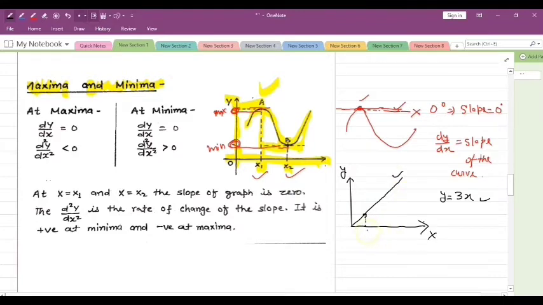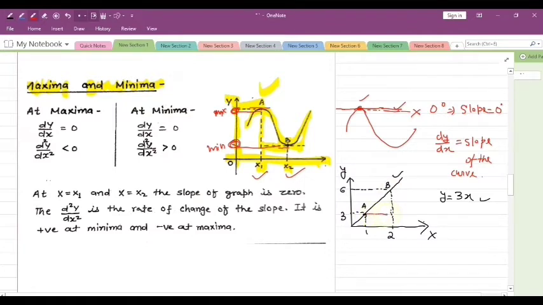At x equal to 1, your y will be 3, and at x equal to 2, your y will be 6. So this is your first point A and this one is your final point B. Coordinates of A are (1, 3) and coordinates of B are (2, 6).